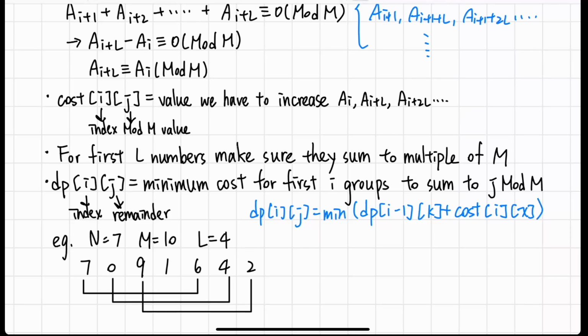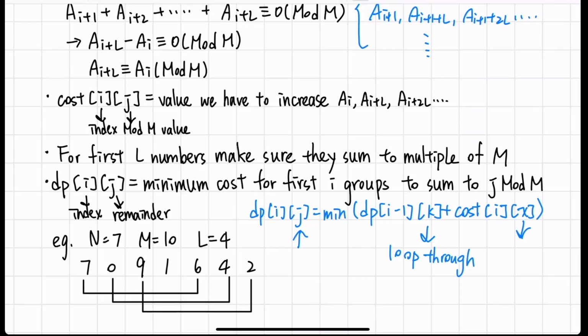And here, let me explain. k would be a remainder for the previous index. So we would loop through this value, and the x would be the value that we need to make sure that afterwards the remainder is equal to j.